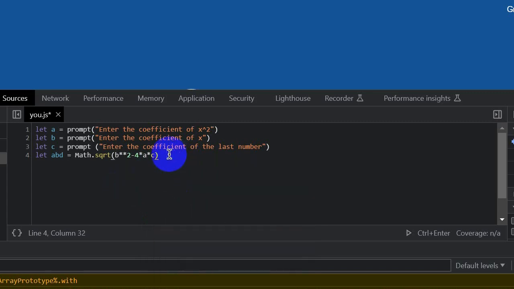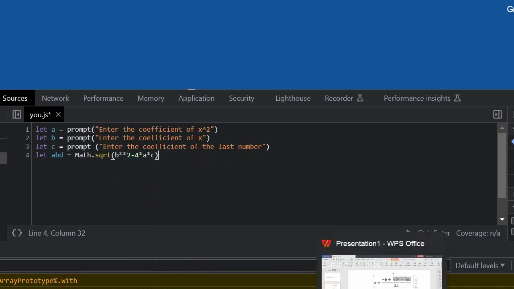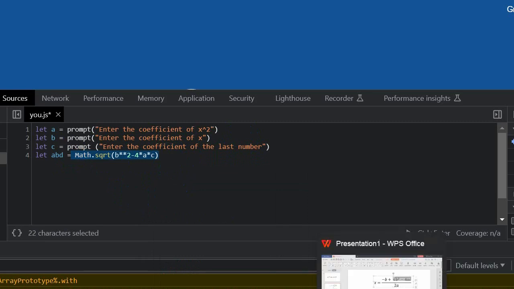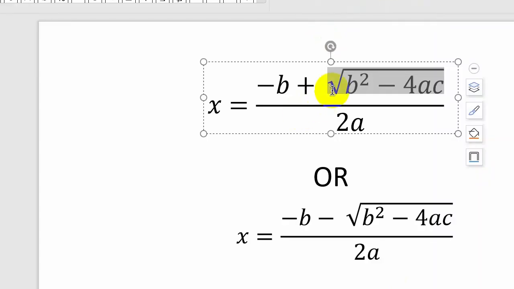All this we have written here means we are telling the computer that it should write the square root of this.